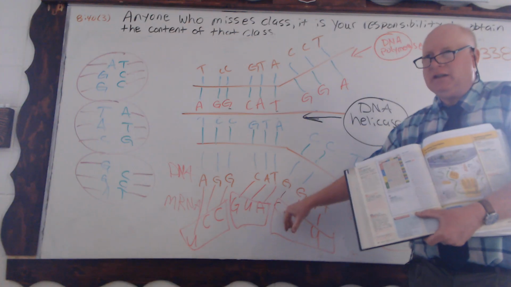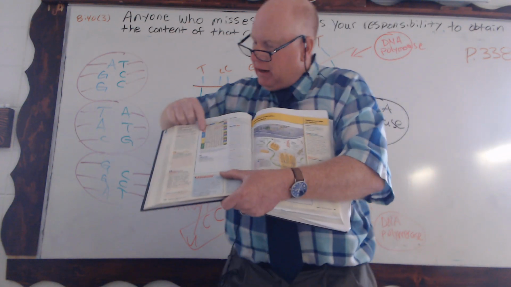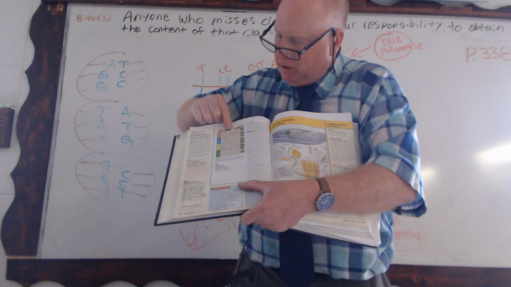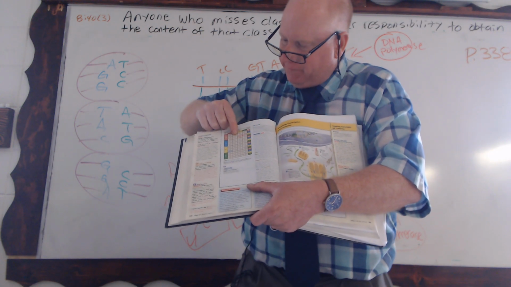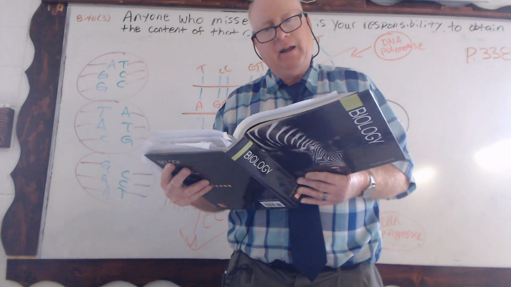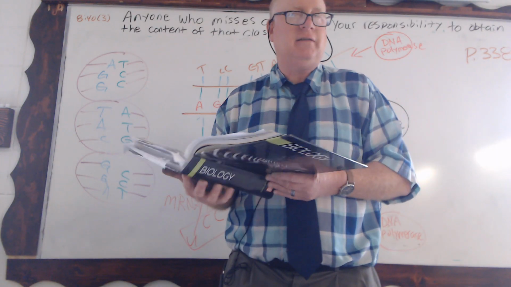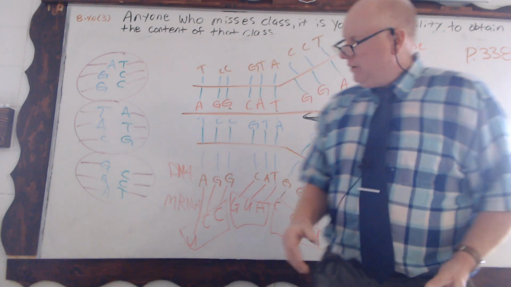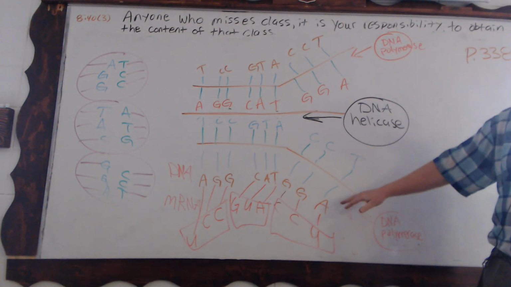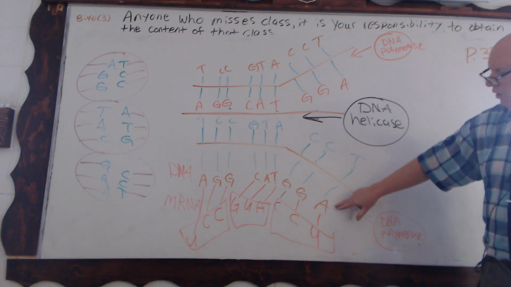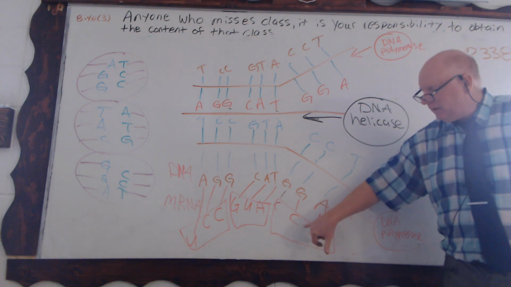Still cytosine. So in the red, then the blue, we go down till we see the blue again. So what amino acid is that? It would say UCC. Serine.